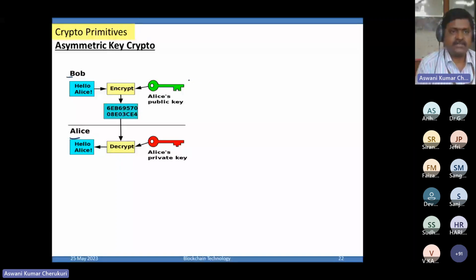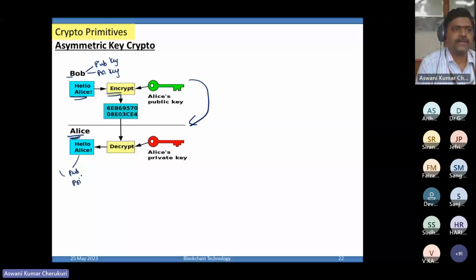When Bob is sending a message to Alice, he takes the message and encrypts it with Alice's public key. Remember, Bob will have a public key and a private key. Similarly, Alice also will have a public key and a private key. So Bob has a key pair, and Alice has a key pair.